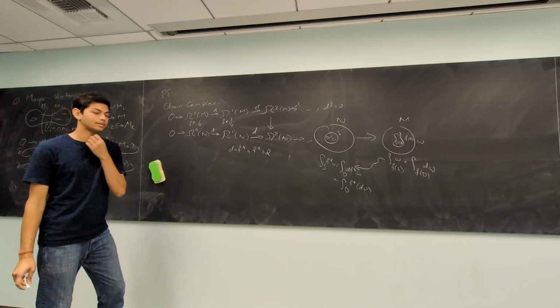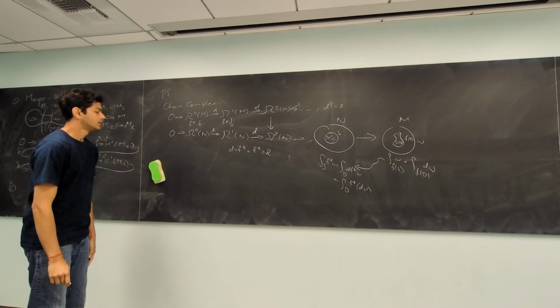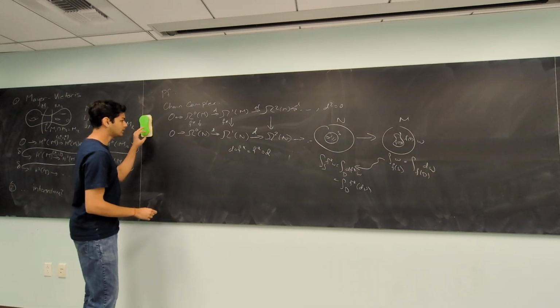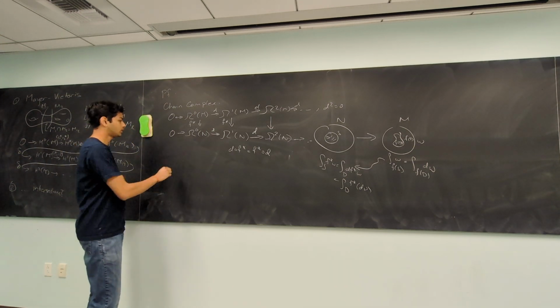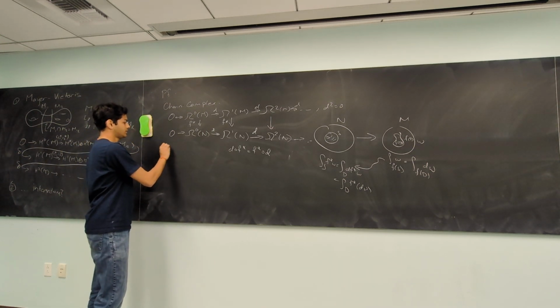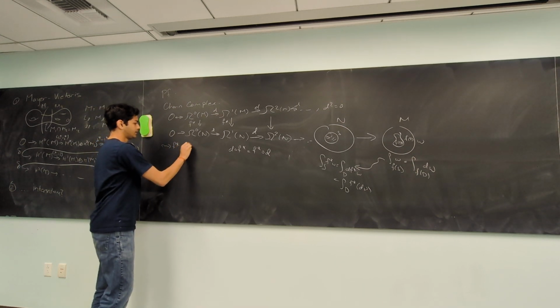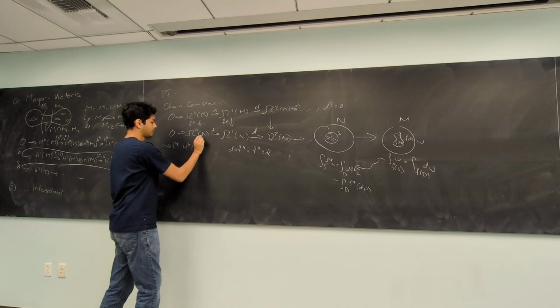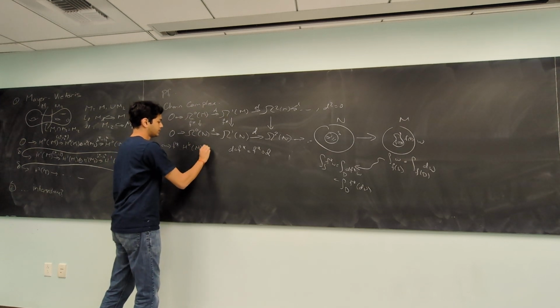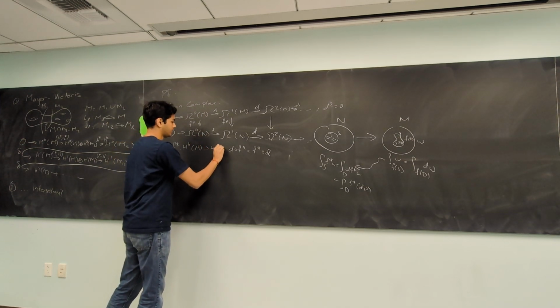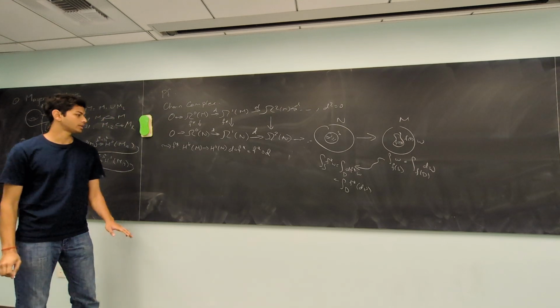So my claim is that if you have this sort of statement, then you get an induced map on cohomology. So this induces a map f star from H^k(M) to H^k(N). So there's some things to check here.